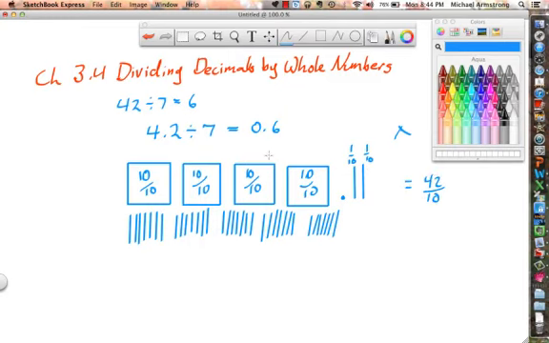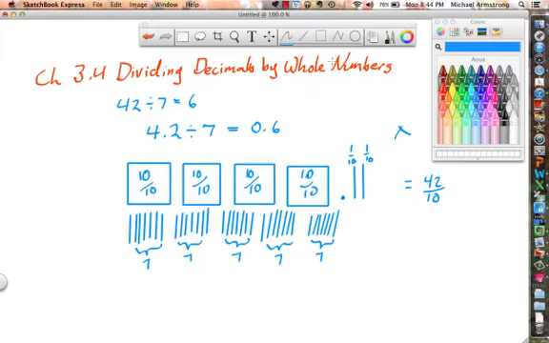And if I cut those 42 into groups of 7, 1, 2, 3, 4, 5, 6, 7, there's 7 here, and there should be 7 here, and this should also be 7. So right now, 1, 2, 3, 4, 5 groups of 7, that's 35. But I know I have 42.